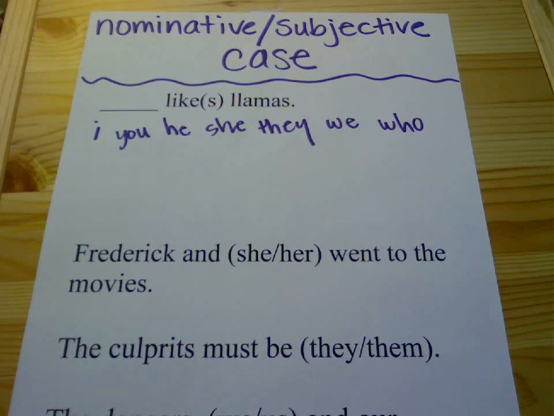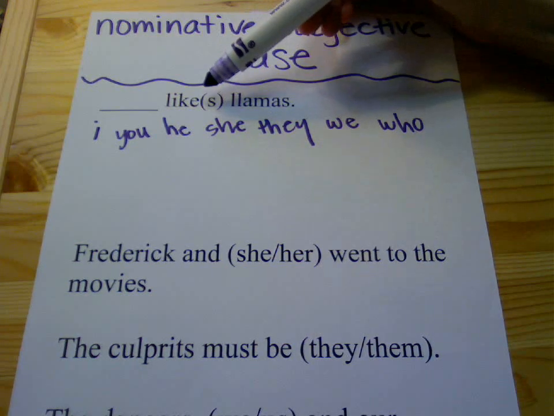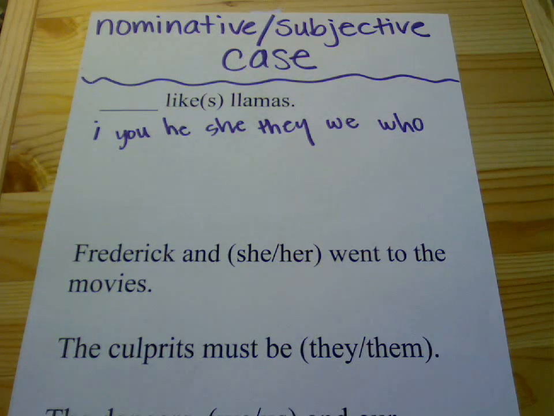Okay, so these are our nominative case pronouns, and we can remember them by sticking them in this lovely sentence about llamas, because again, I love llamas. So we have I like llamas, you like llamas, he likes llamas, she likes llamas, they like llamas, we like llamas, and who likes llamas. So that's how we're going to remember which pronouns are in the nominative case, because they're all going to fit in here.